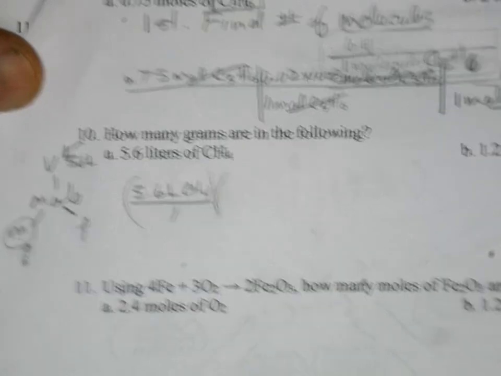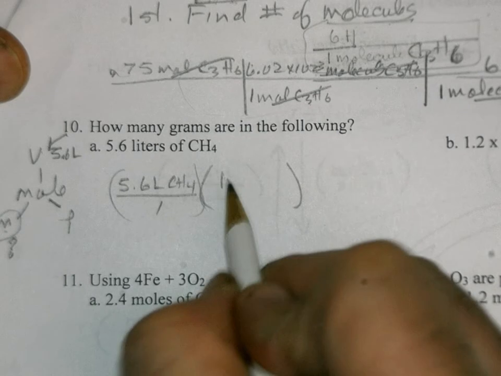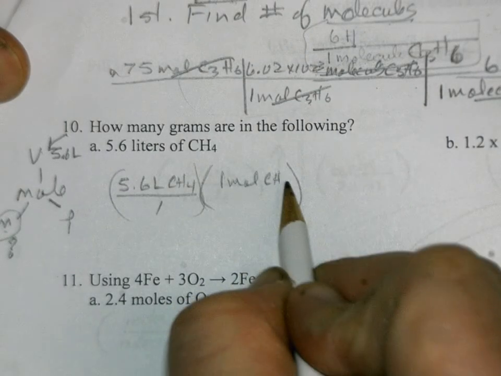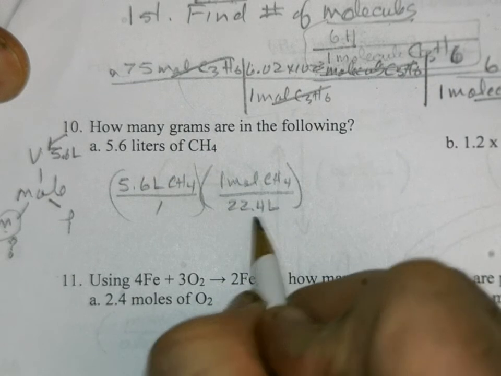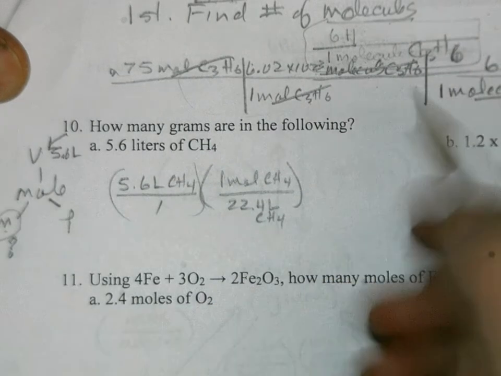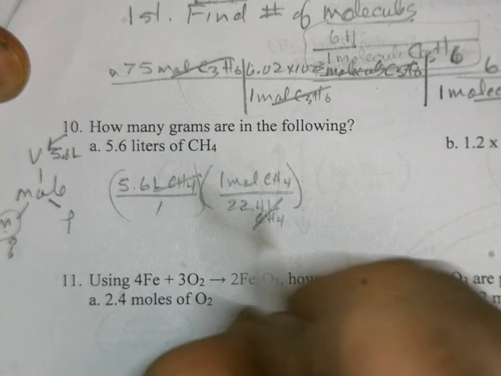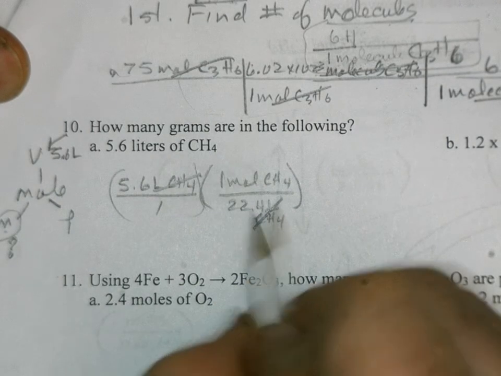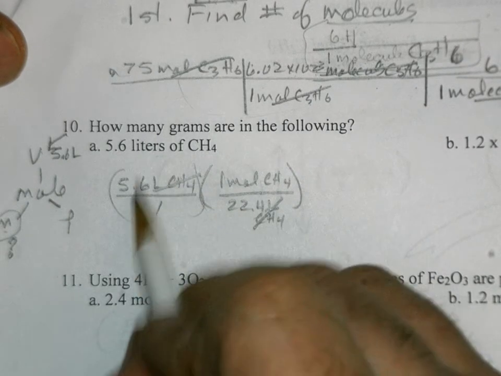Now we want to convert that to moles, so we want to say 1 mole of CH4 is 22.4 liters of CH4. Liters of CH4 cancel. Now look, that's an important step. That lets you know you'll probably set this up right because you can cancel those. At this point we're at moles, but we're looking for grams in this problem.